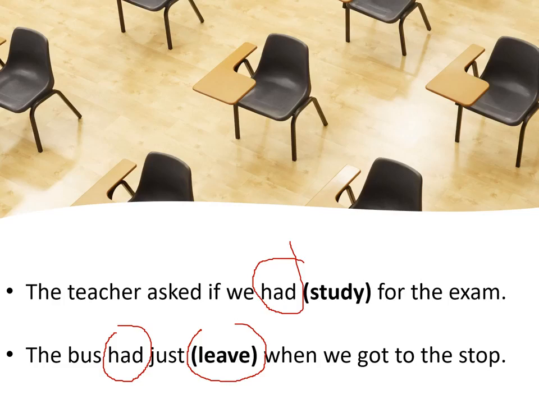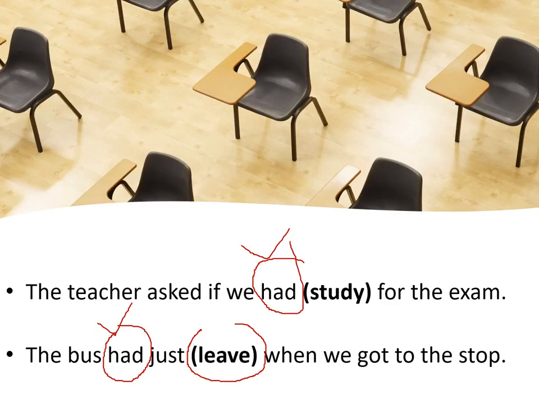Even if you don't understand the meaning of that sentence, you will be able to put the right form of the verb just by looking at the other auxiliary verbs. For example, here are auxiliary verbs. In the first sentence there is had, the second sentence is also had. So it is told that after those auxiliary verbs, you always have to write the past participle form of the verb.